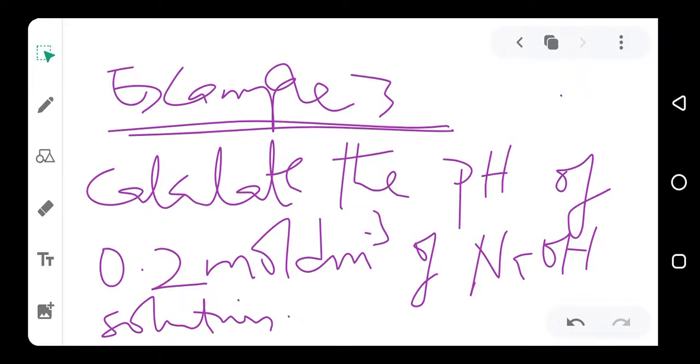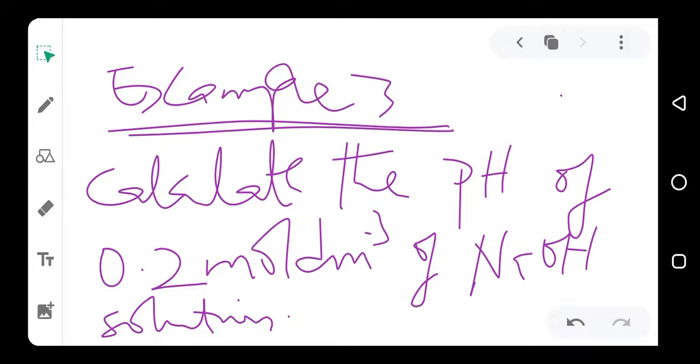But essentially, we can talk about pH and pOH of any solution, only that when we are talking about the strength of acid, we always use pH, and when we are talking about the strength of bases, we always use pOH. But we can talk about the pH and pOH of any solution.